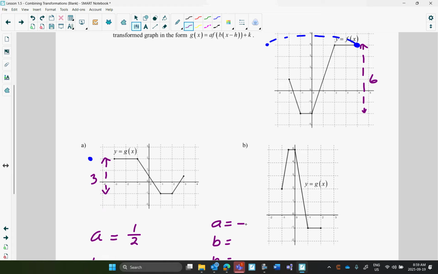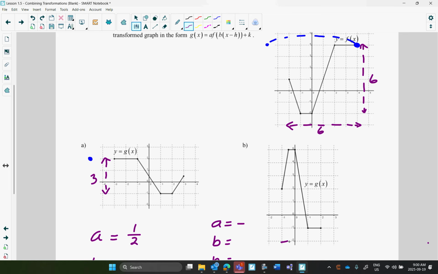Stretch. Well, remember, the original height was 6. This height is still 6, so it didn't stretch vertically. But it sure looked like it stretched horizontally. What's the distance from the left to the right? It's 1, 2, 3, 4, 5, 6.